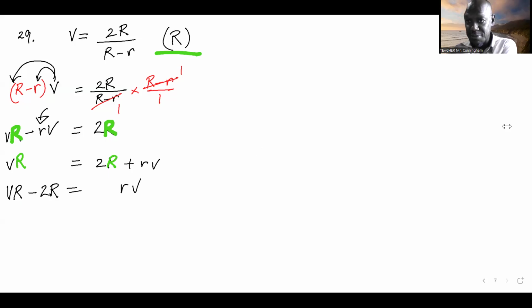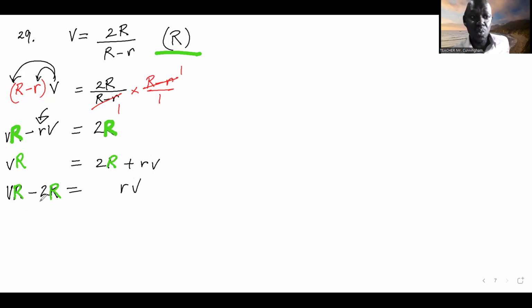So let me just make it green again. All right. So the R's I brought on one side. Anybody lost? So that's what I did. You're okay? Yeah. Right. So I brought all the R's on one side.